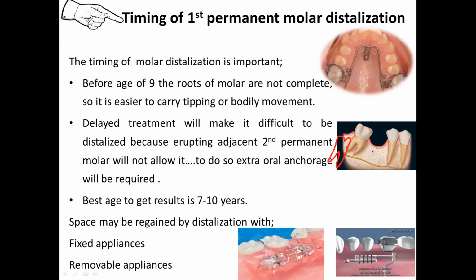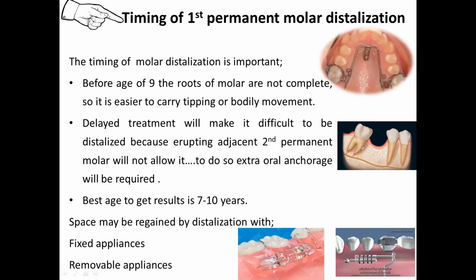Do you think you would be able to distalize this tooth back? No, you will have a hindrance. You will have trouble in taking the molar back, or distally. So to do the treatment, try to have the treatment at the perfect time.